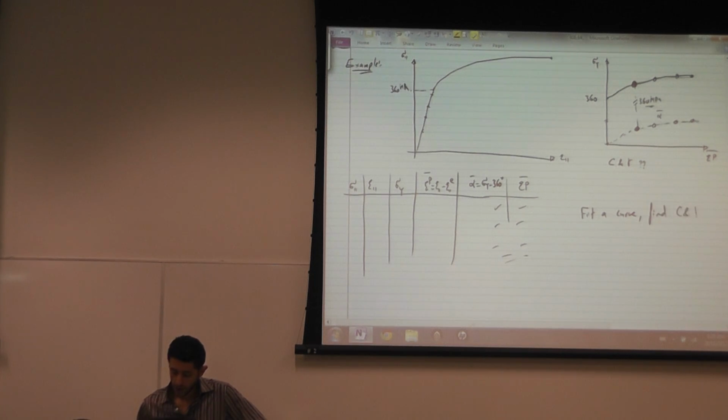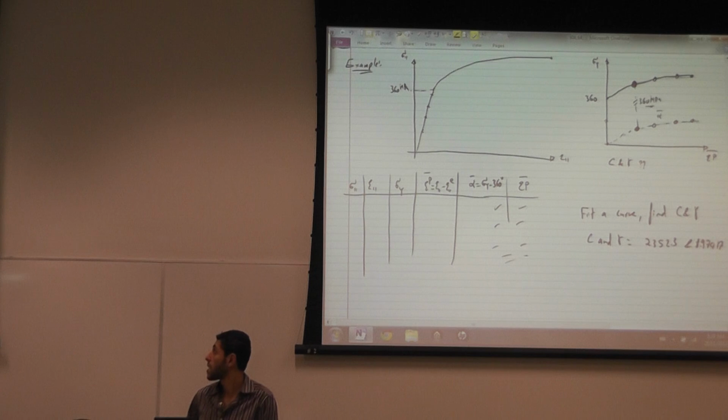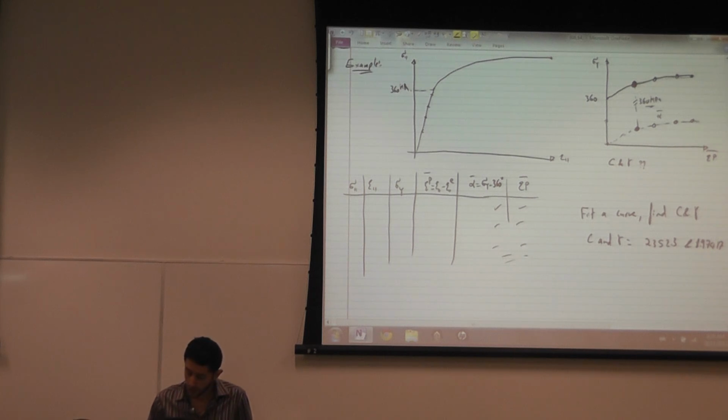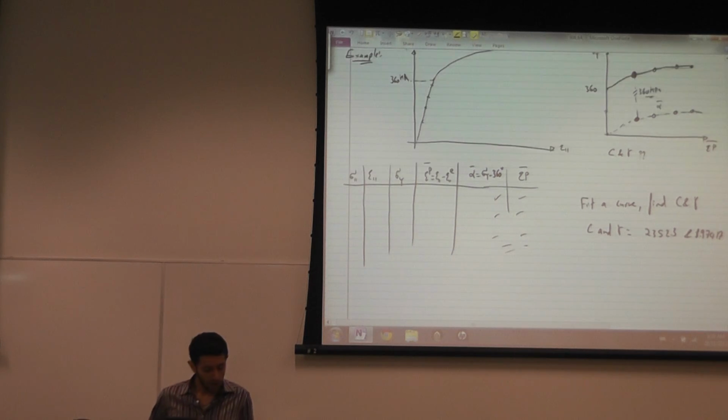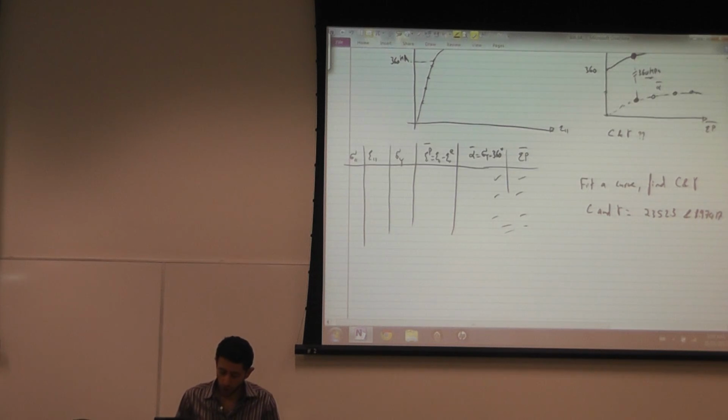Find C and gamma, and C and gamma happen to be equal to 2352.3 and 8.974. So these are the best material constants that would fit this curve. So now we have the material constants. We can now load the specimen in any direction and find the evolution of all the stresses and the plastic strains.